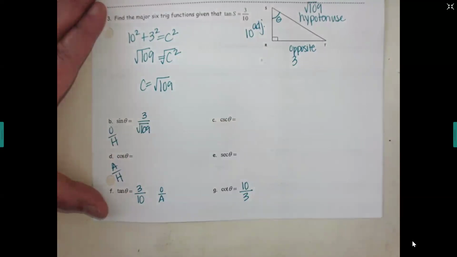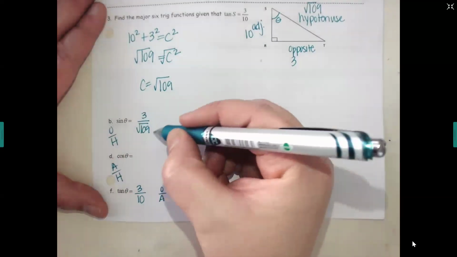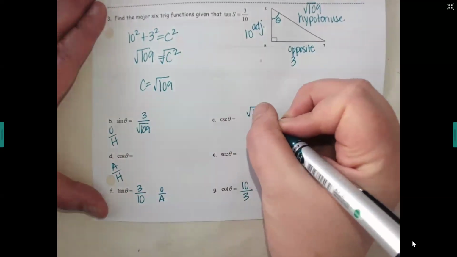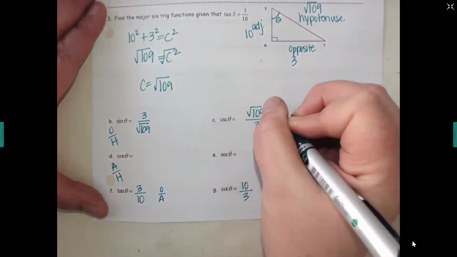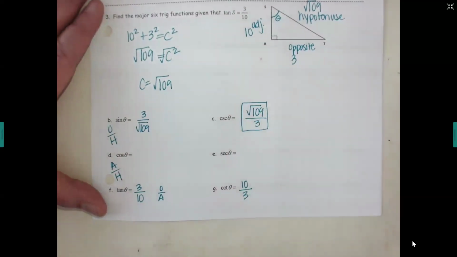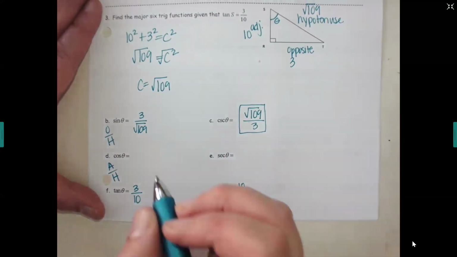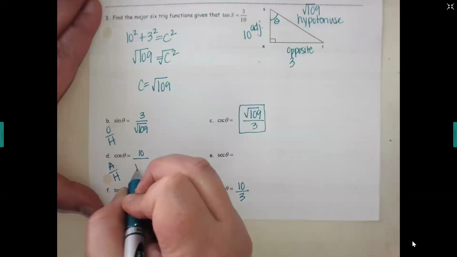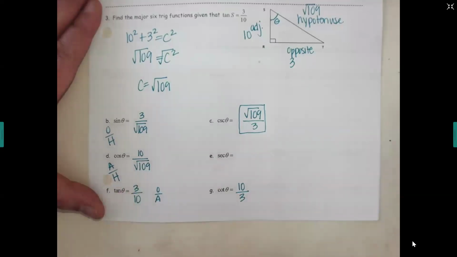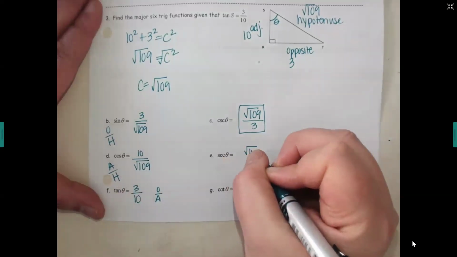Don't fix it first. If this is my answer for sine, CSC is root 109 over 3. And that one's done. Okay, same thing for cosine. A over H would be 10 over square root 109. Which means that secant would be root 109 over 10.